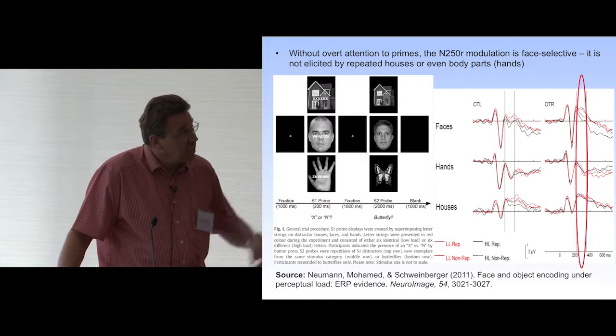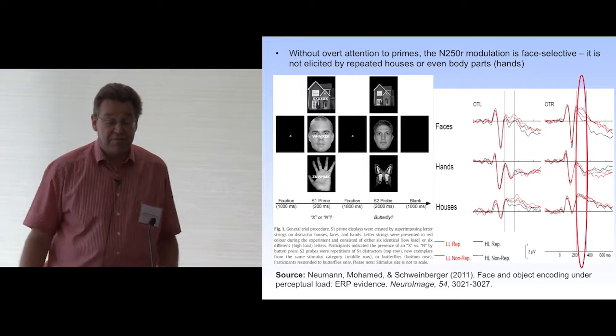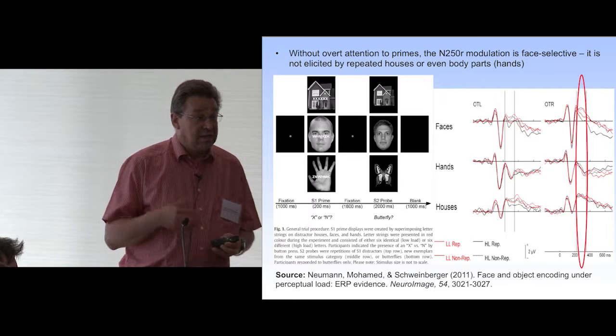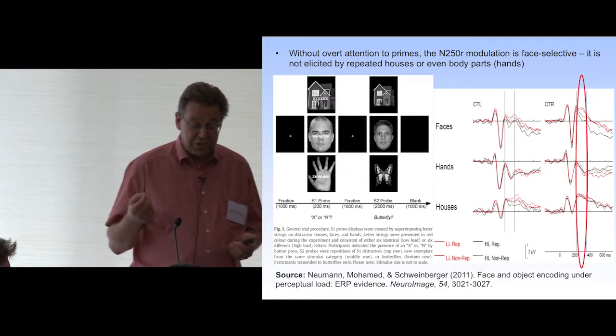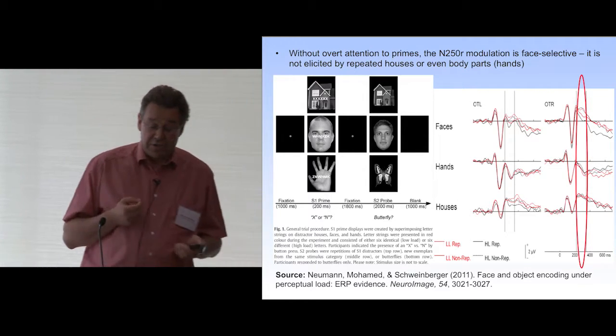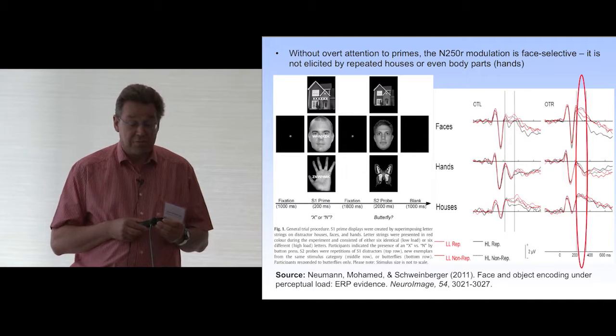And the ERPs you see on the right-hand side are from the target stimuli. And these target stimuli could be repetitions or non-repetitions of these unattended distractor primes.